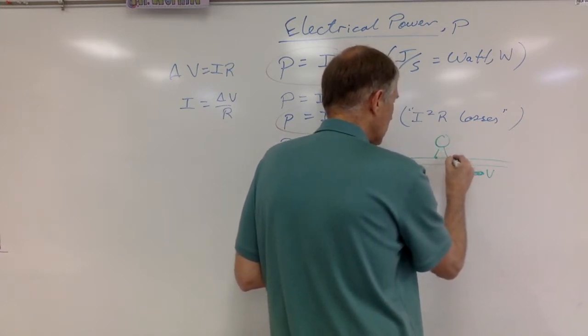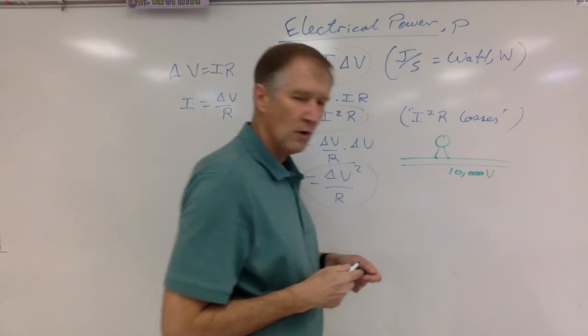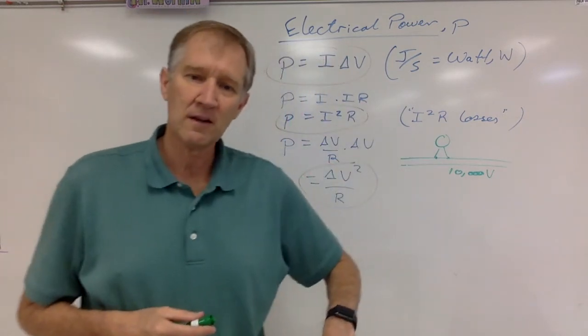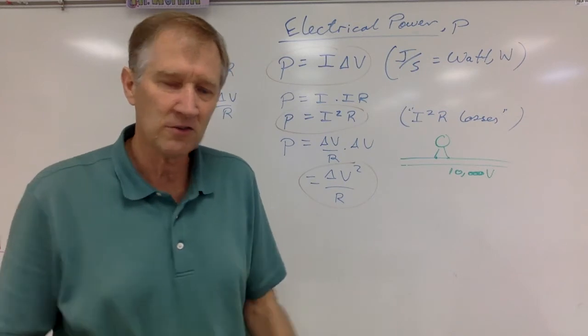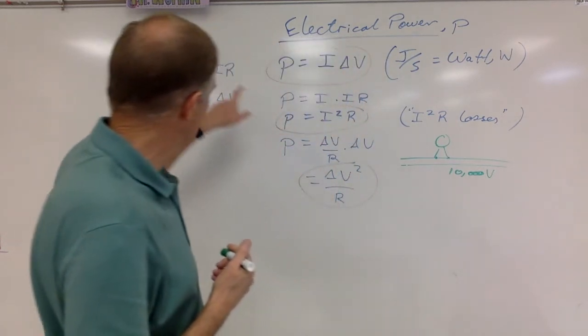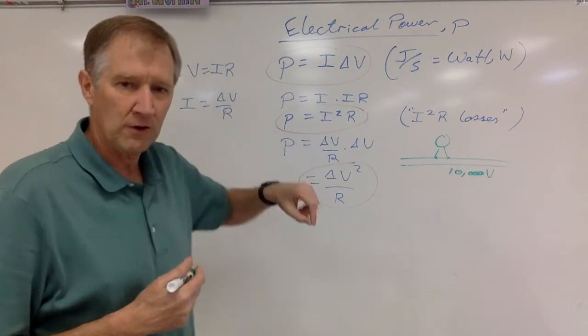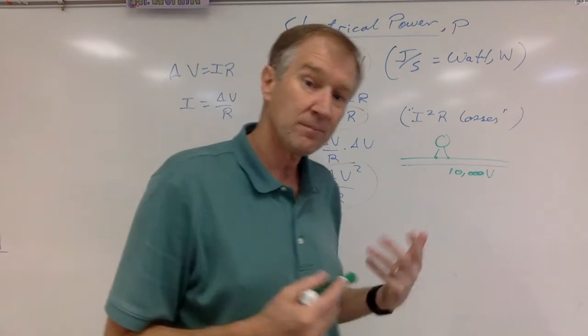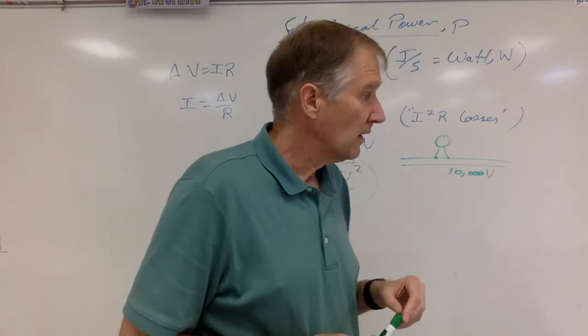Well, there's no delta V, because 10,000 minus 10,000 is 0. And if there's no delta V, there's no current flow. That's why a bird can land on a high voltage line and not get shocked.